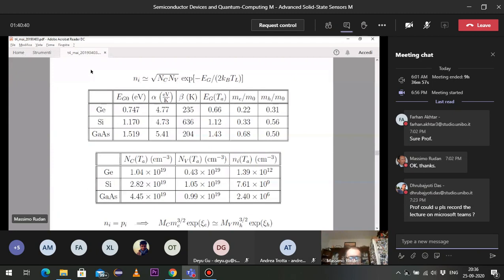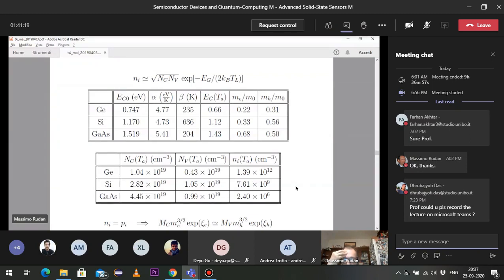So if you look at the expression on top of this page, the expression of the intrinsic concentration Ni, you see that the square root of Nc and Nv is very similar for the three semiconductors. It is of the order of 10 to the 19th, okay? However, if you look at the last column of the second table, you see that the intrinsic concentration at room temperature is very different.